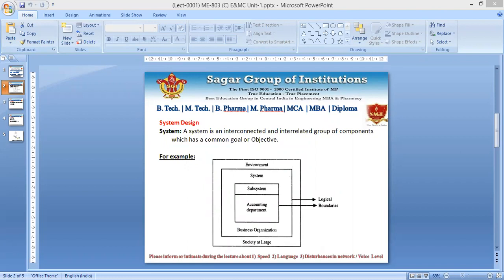So here, as I told you earlier, there is an exchange between input and output, between the environment and the surrounding. So we took input from the environment, processed it within the system and gave back an output to the surrounding or environment. So here there is an exchange.